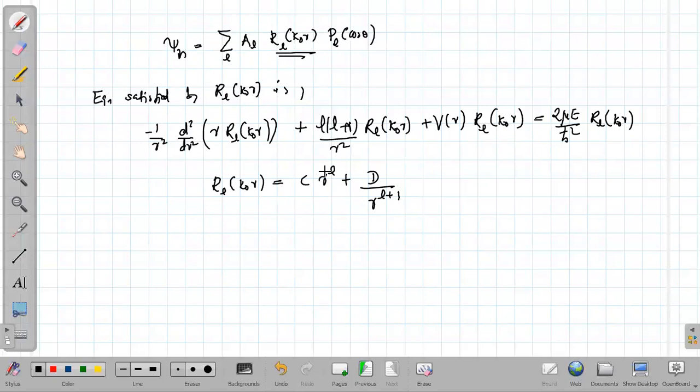The first possibility, C times r raised to l, is called the Bessel function or spherical Bessel function. And the second part is called the spherical Neumann function.